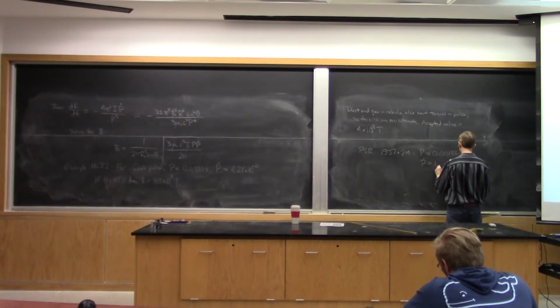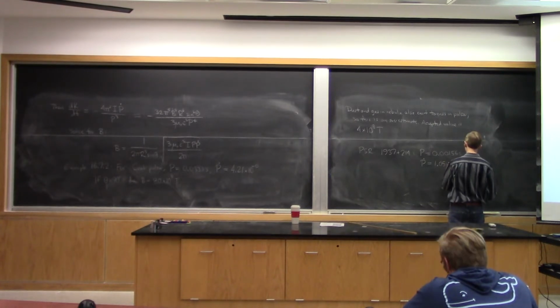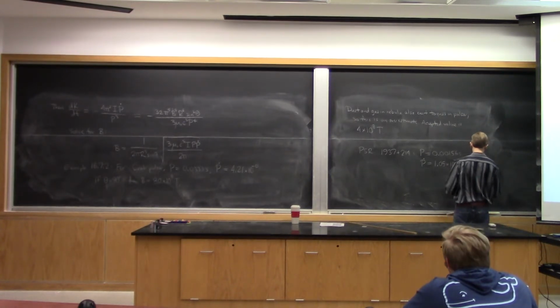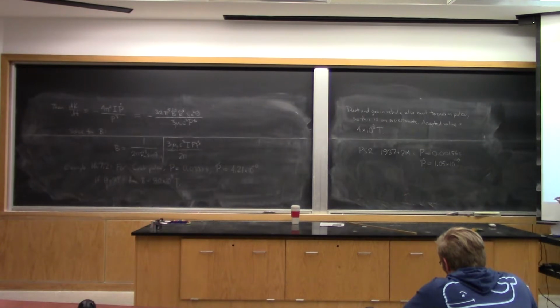P dot for millisecond pulsars tends to be very small. 1.05 times 10 to the minus 19th power. Millisecond pulsars slow down their spin rates much more slowly than other pulsars do.